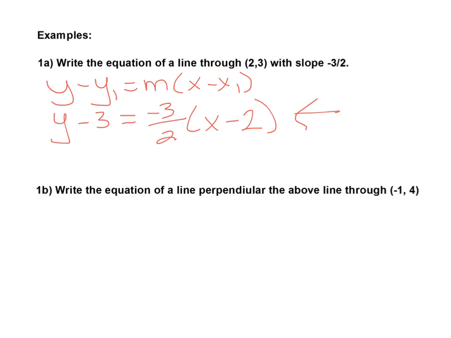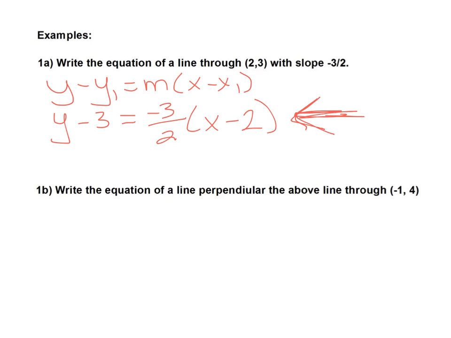I think it's perfectly acceptable to leave it just like this. AP thinks it's perfectly acceptable on open answers. However, on a multiple choice you might see it rearranged, so you might need to distribute and change it to y equals mx plus b, which I'm sure you can do. But you do not have to.